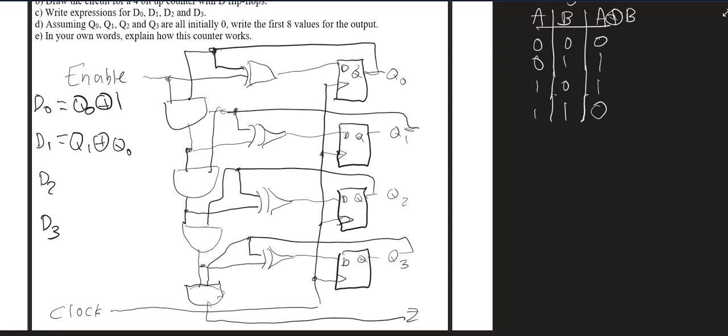Now D2 is the exclusive OR of Q2, and let's see what we've got here. This was Q0 coming out, and then we're ANDing it with Q1. So this is Q0 and Q1.